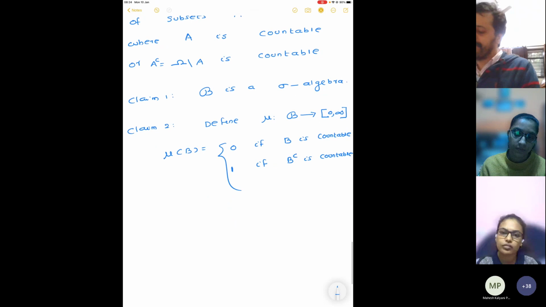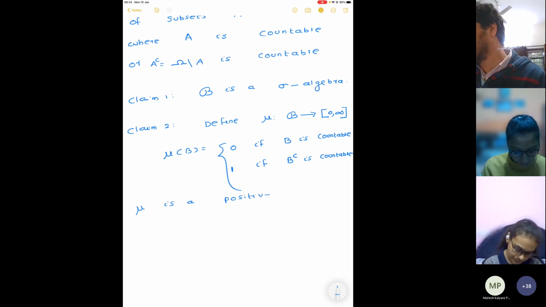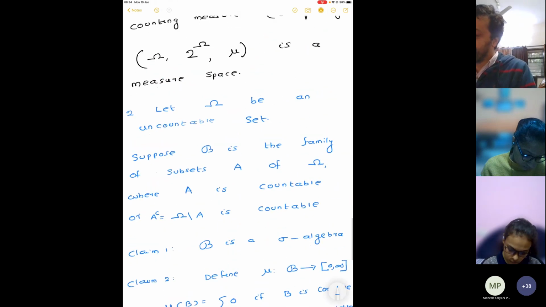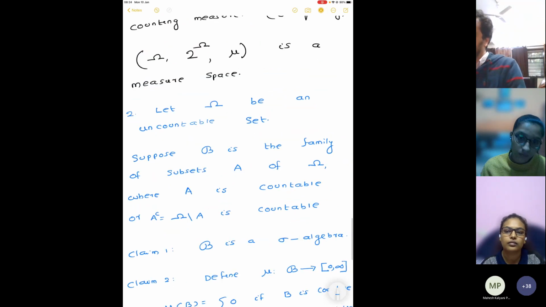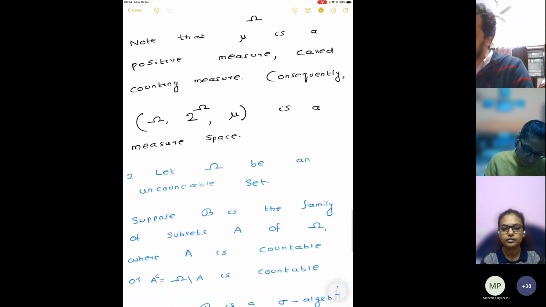Okay. Define this. The claim is the following. Mu is a positive measure. So now you have a measure space. Omega, B, mu. This triplet becomes a measure space. Okay. So these two claims you can verify. It's just computations. It's a nice exercise.